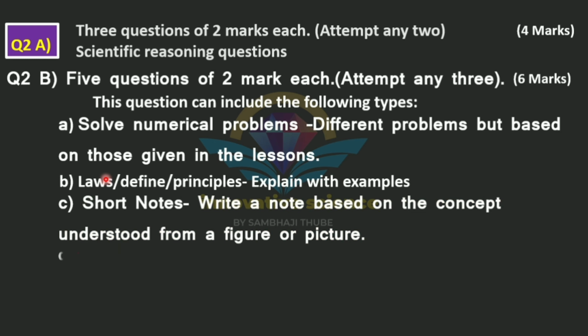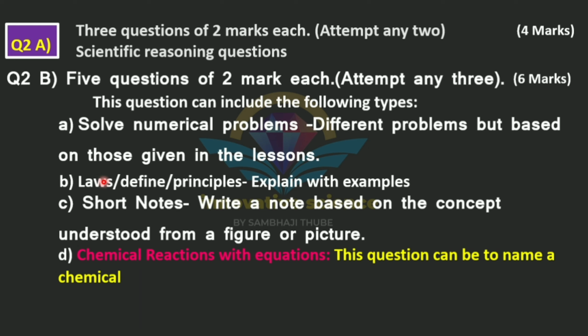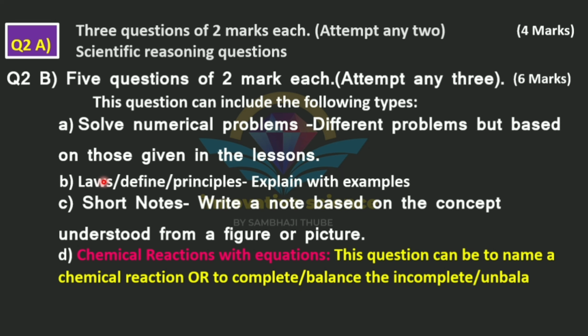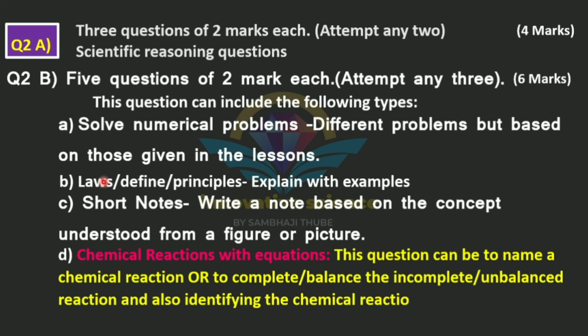Then next type of question is the chemical reactions with equations. This question can be to name a chemical reaction, or to complete or to balance the incomplete or unbalanced reaction, and also identifying the chemical reaction.